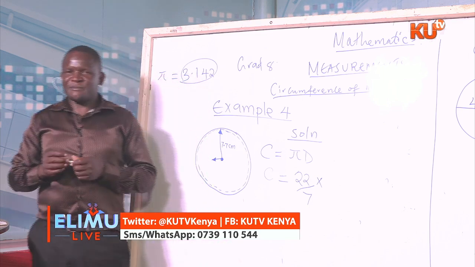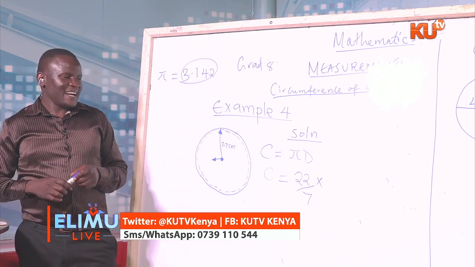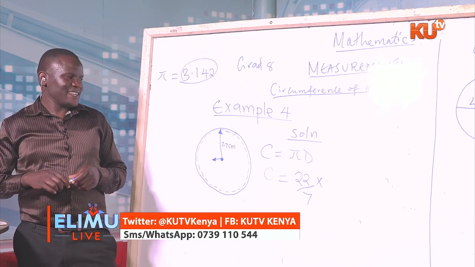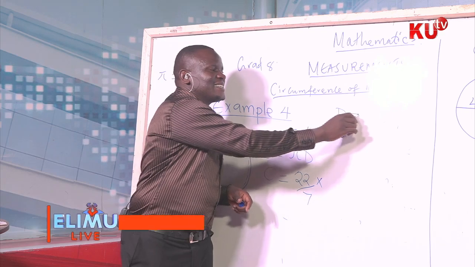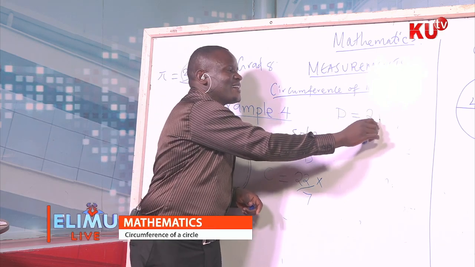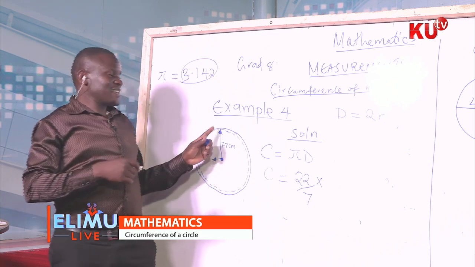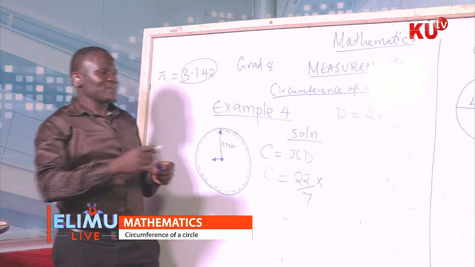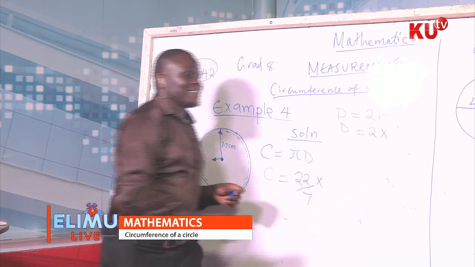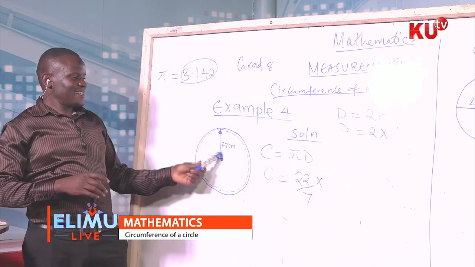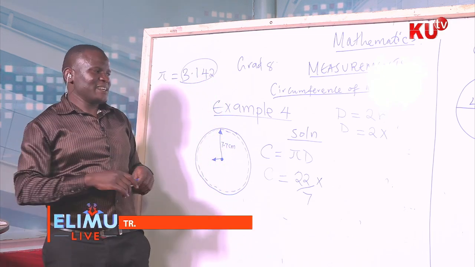What is our diameter now? We are given the radius as 7.7, and earlier on I said diameter is equal to 2r. So whenever you are given radius, you must make sure that you multiply the radius by 2 so that you get your diameter.